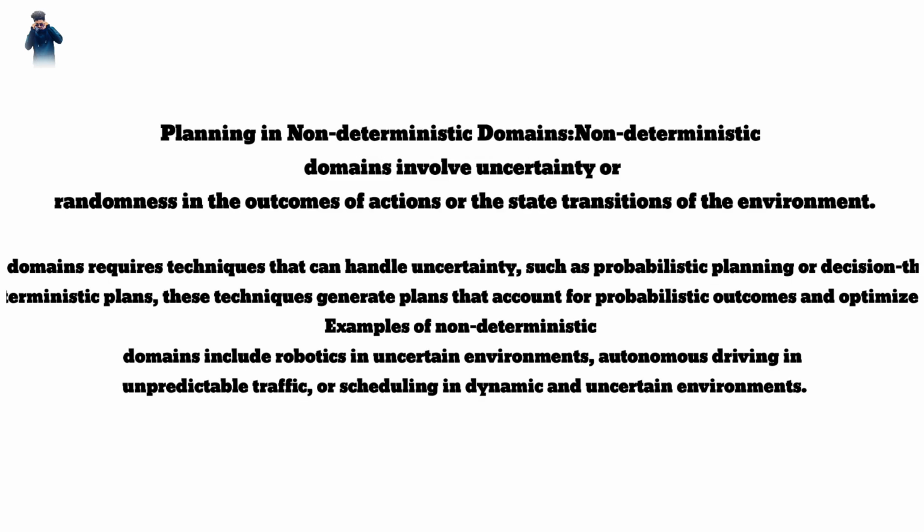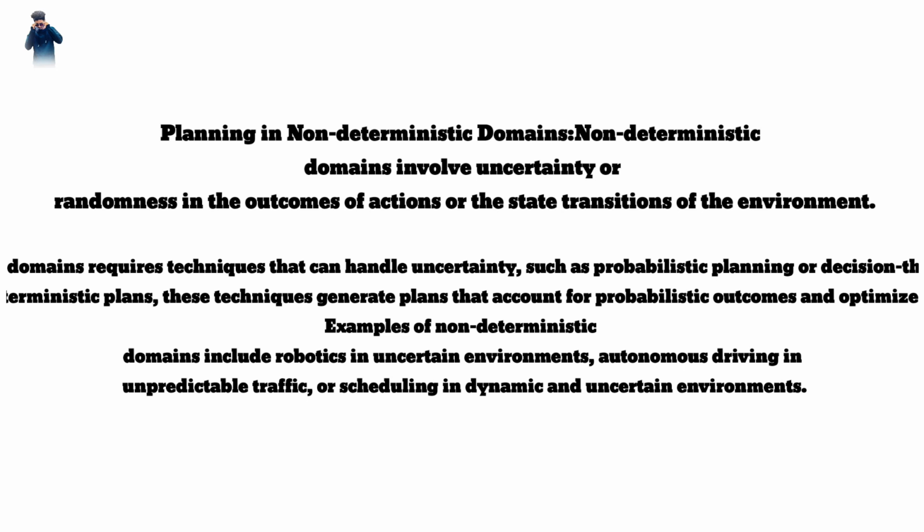2. Planning in non-deterministic domains. Non-deterministic domains involve uncertainty or randomness in the outcomes of actions or the state transitions of the environment. Planning in such domains requires techniques that can handle uncertainty, such as probabilistic planning or decision-theoretic planning.